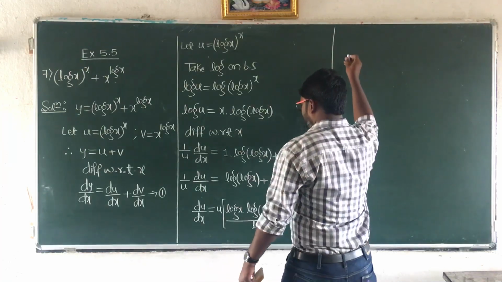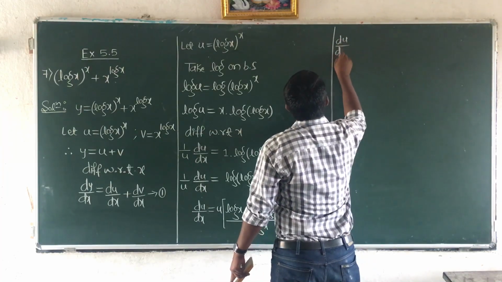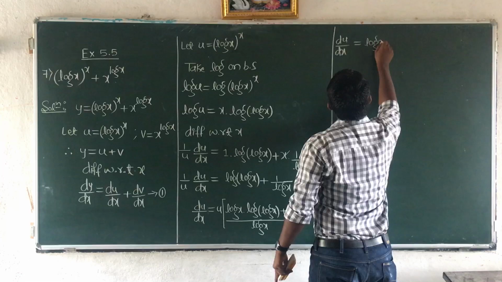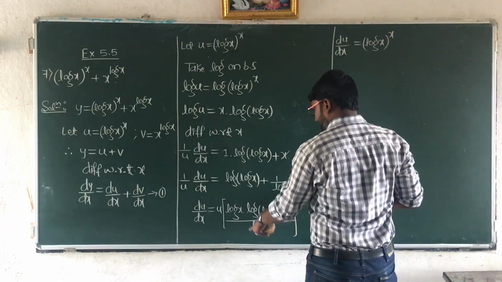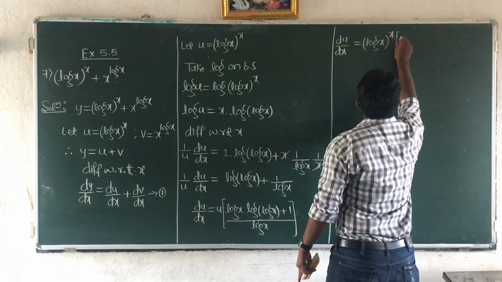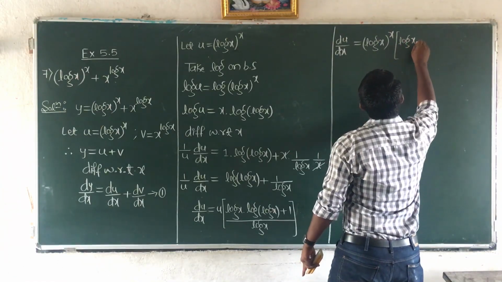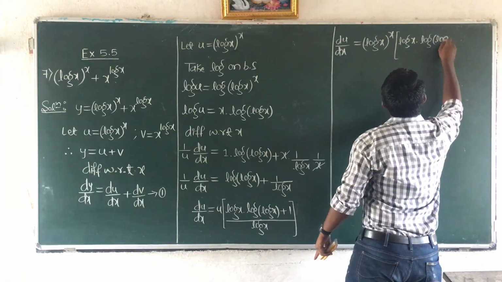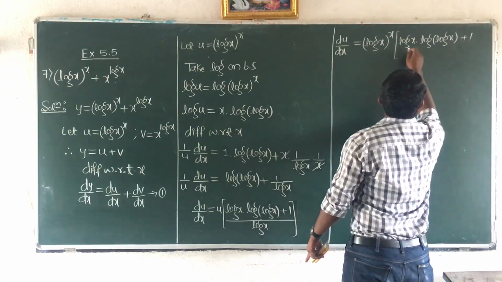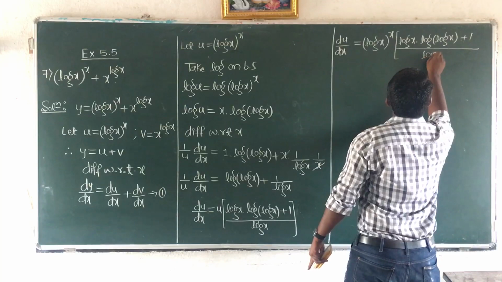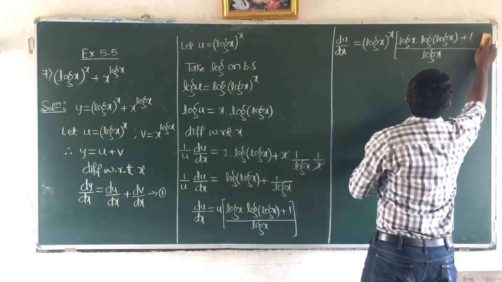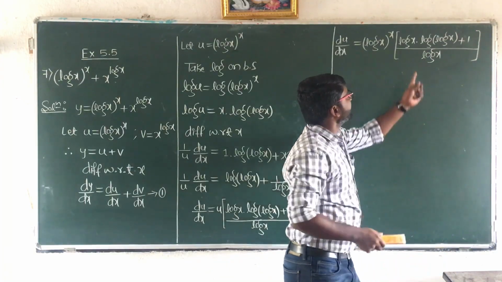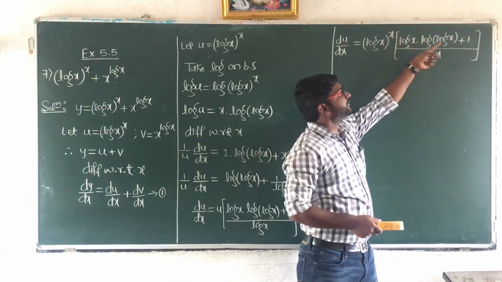So du/dx is equal to, let us replace u now, (log x)^x, write this as it is, into the bracket log x into log of log x plus 1, whole divided by log x, or else you can write the numerator as 1 plus log of log x, both are same.